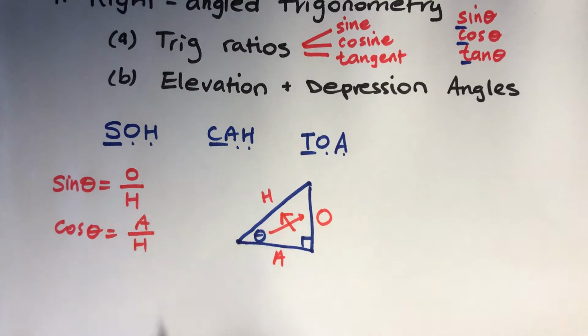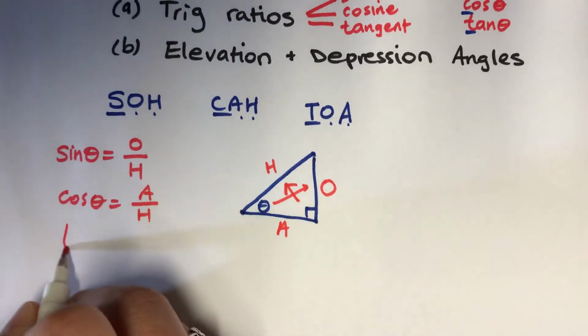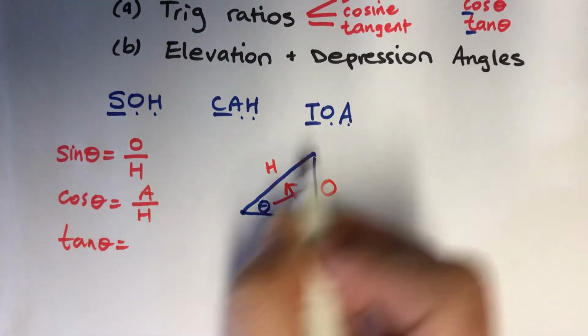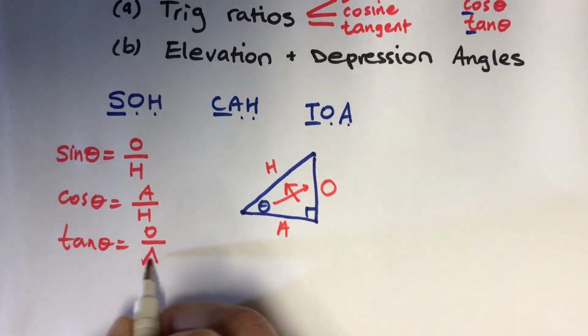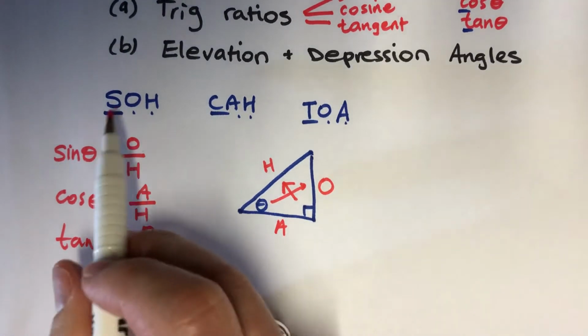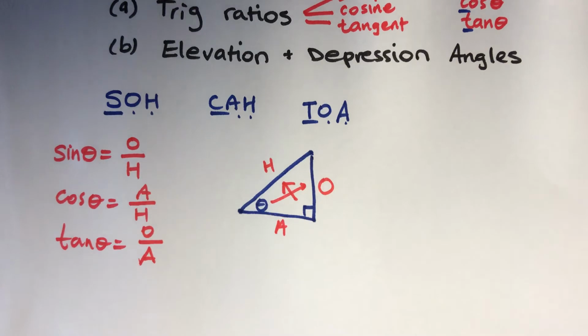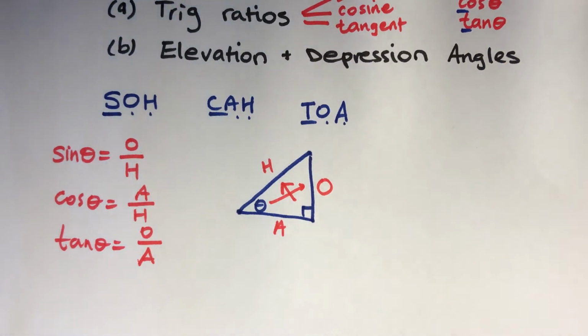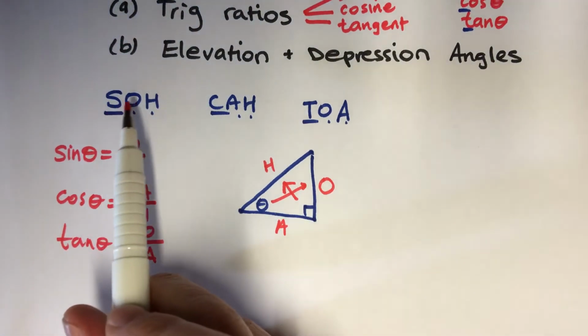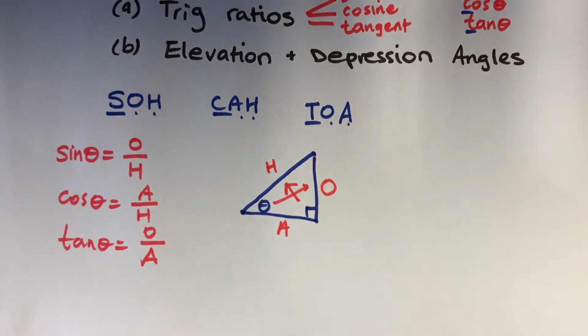Adjacent over hypotenuse. And then tan theta will be opposite over adjacent. So that's why it is very handy to memorize SOHCAHTOA. The H is soundless, so just remember there's an H at the end, so you have three letters.